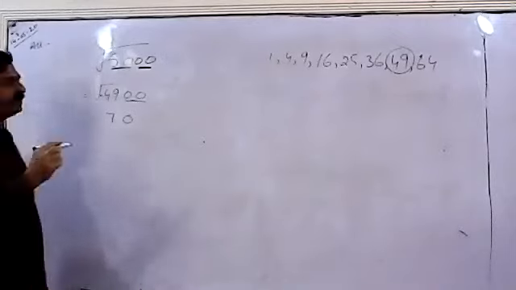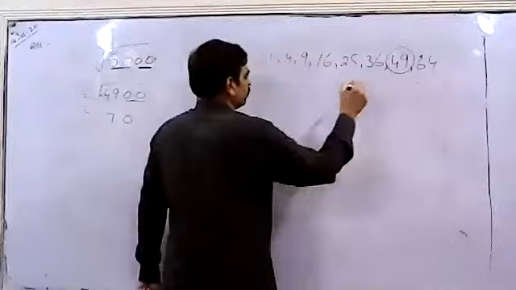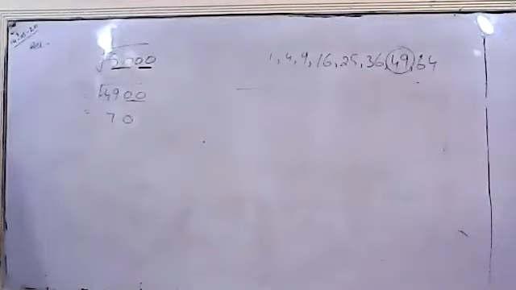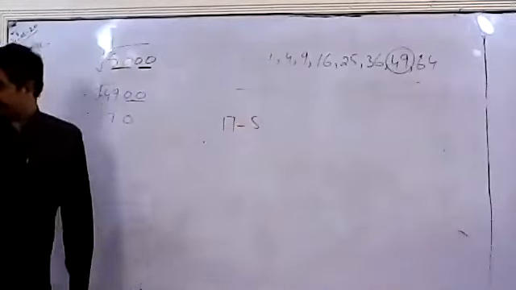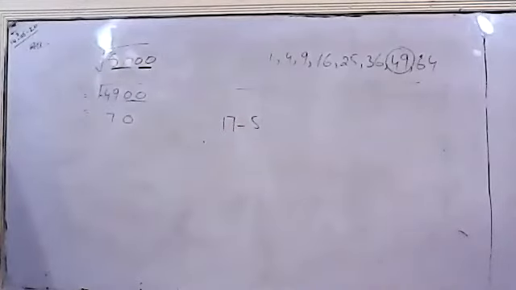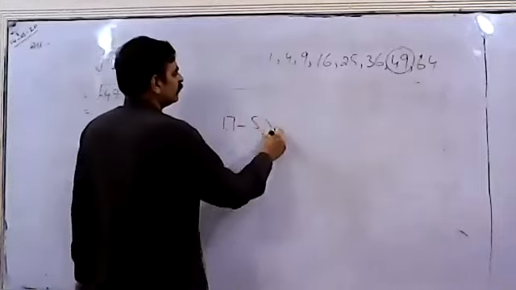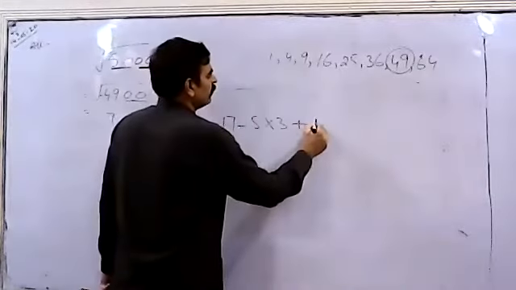In evaluation, some students make mistakes. 17 minus 5 multiplied by 3 plus 1.